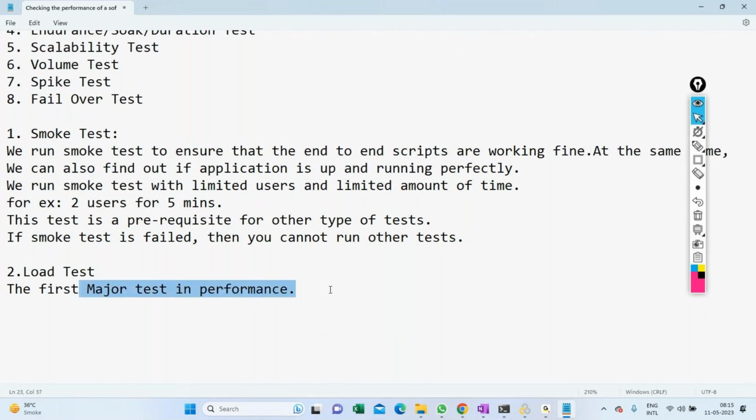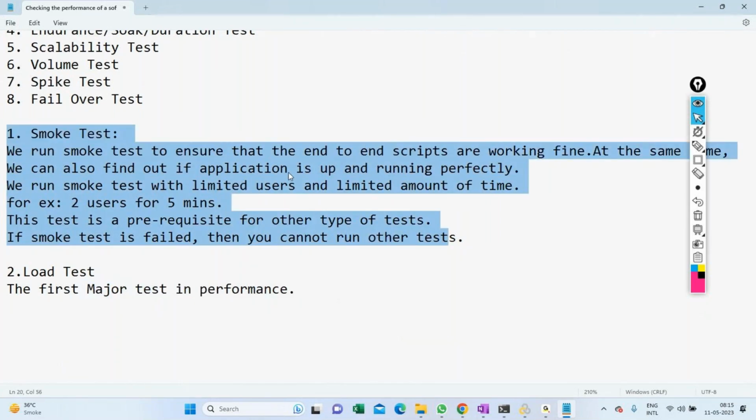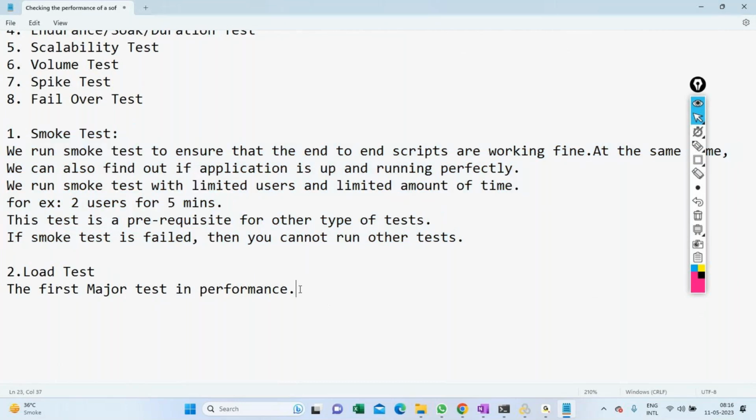See, this smoke test is not a major test. It's just a prerequisite. Okay, it's a small test to ensure that the application is up and running, and your scripts are working fine. So only those things you will check. But when it comes to load test, this is the first major performance test that we do.